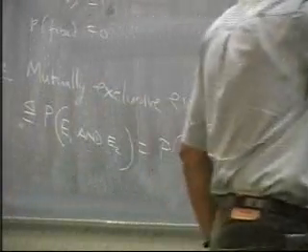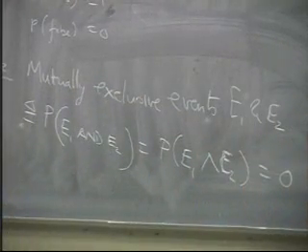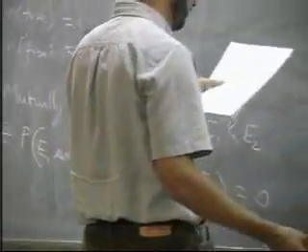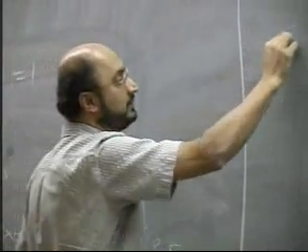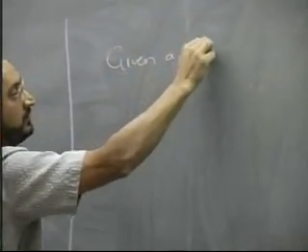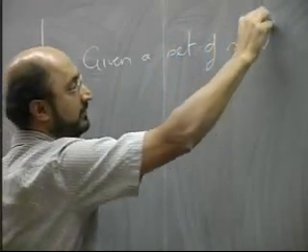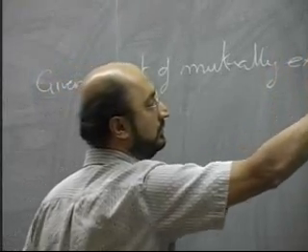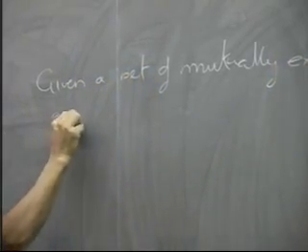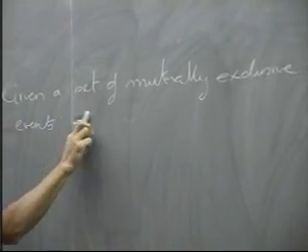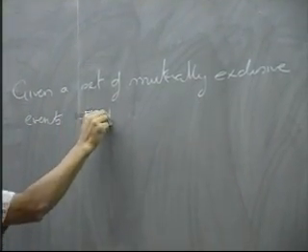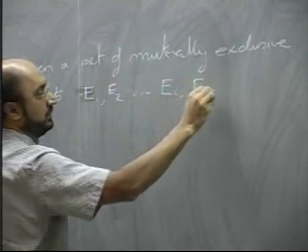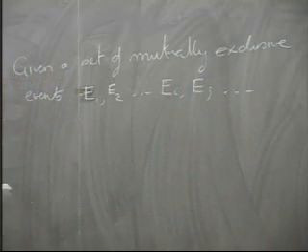So if you define this in this fashion, then we can make the following statements. So given a set of mutually exclusive events, I'll just call them E1, E_I, E_J, etc. These are just some index.